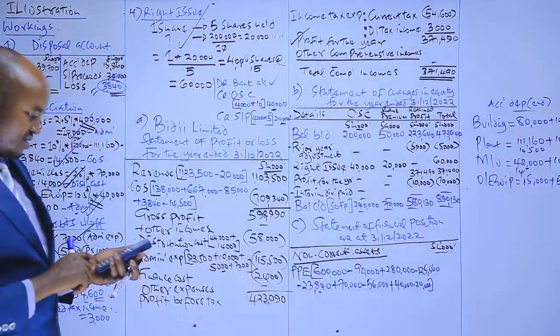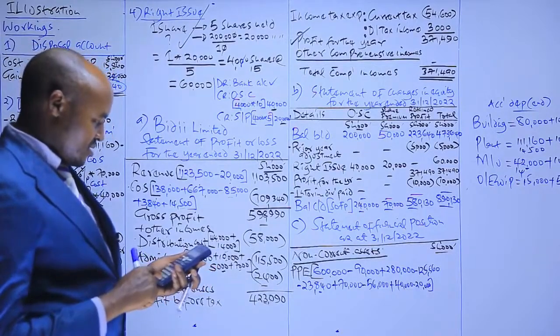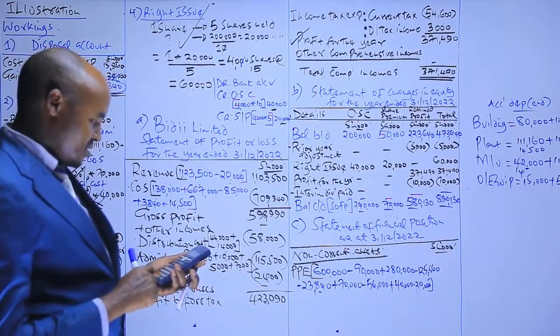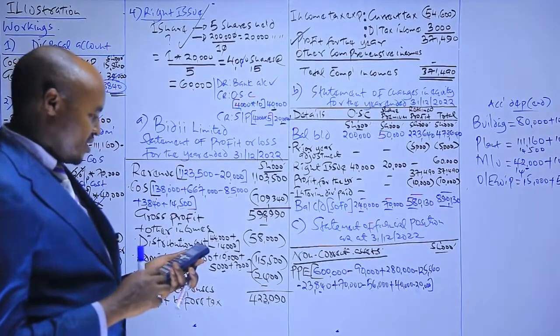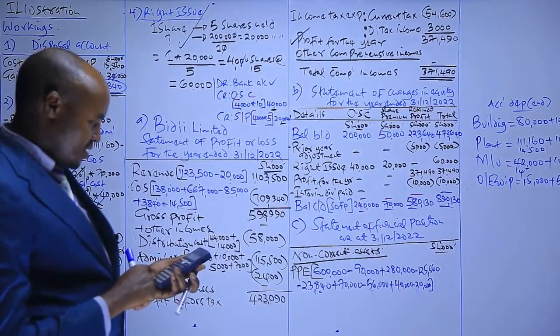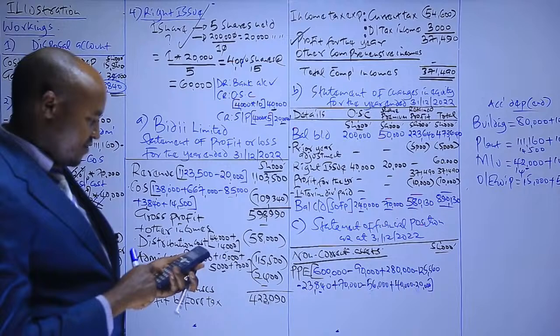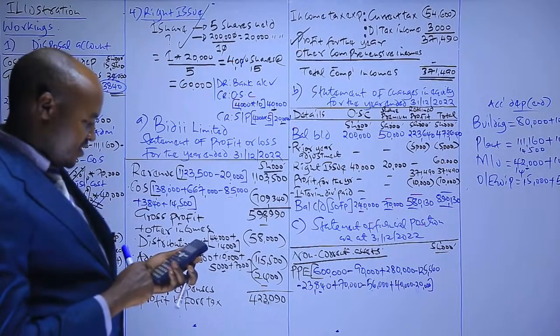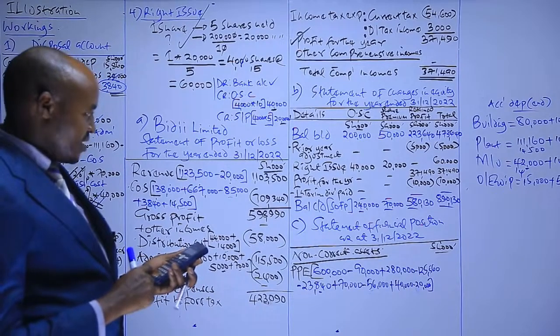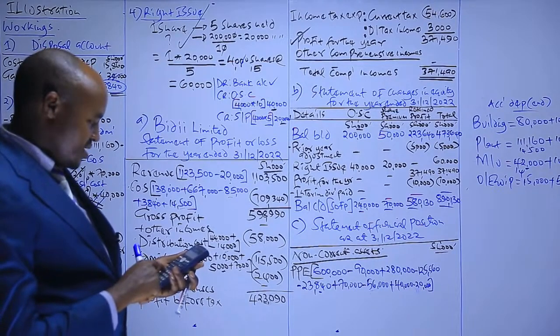So let's work out that. We have 600,000 minus 90,000 plus 280,000 minus 125,560 minus 23,840.